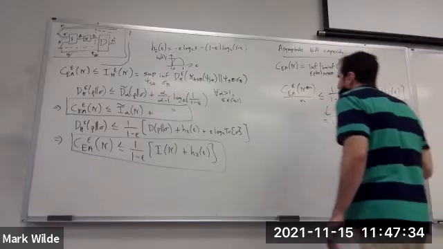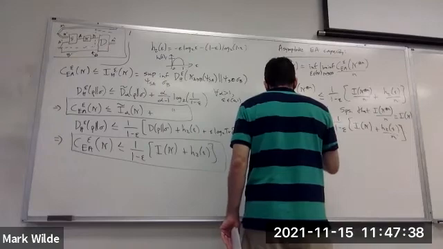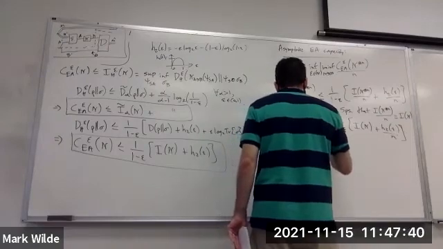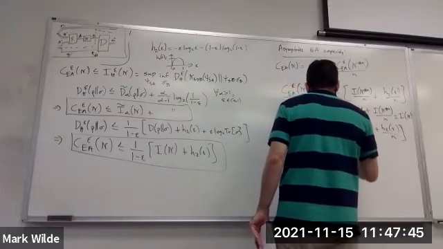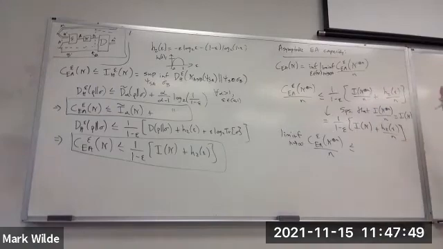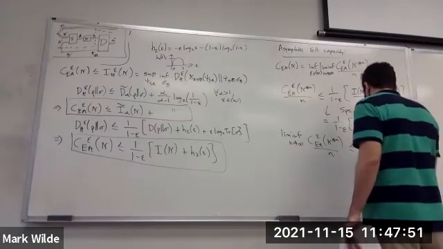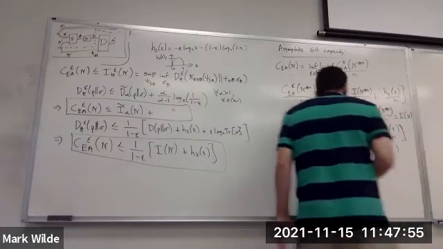Then, if you take the limit, this term with the independence goes away, you're left with one minus epsilon. Fine.